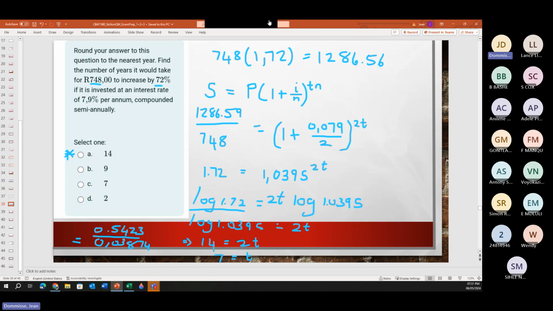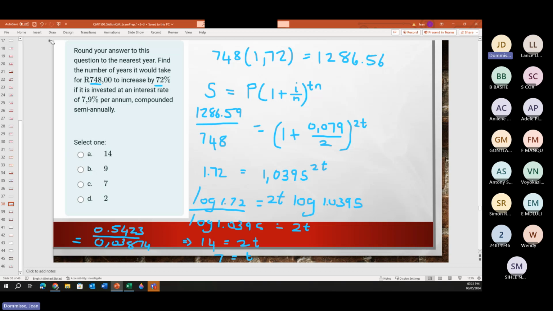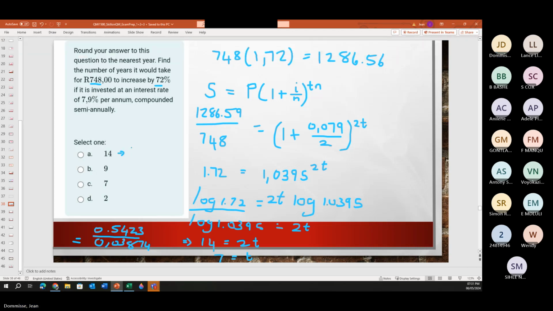So again, the catch here is that it is 14 semi-annual periods, so 14 half years. They ask us to find the number of years.